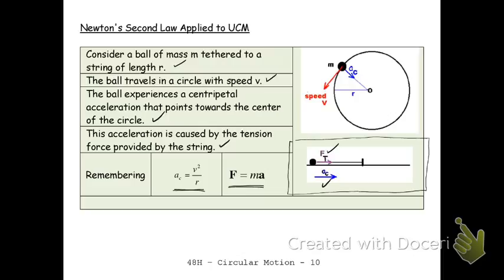It could be the tension force in a piece of string, could be the gravitational pull for the Earth and the Moon. It could be the friction force of your tires, between the tires and the road. It could be the normal force on a banked track.